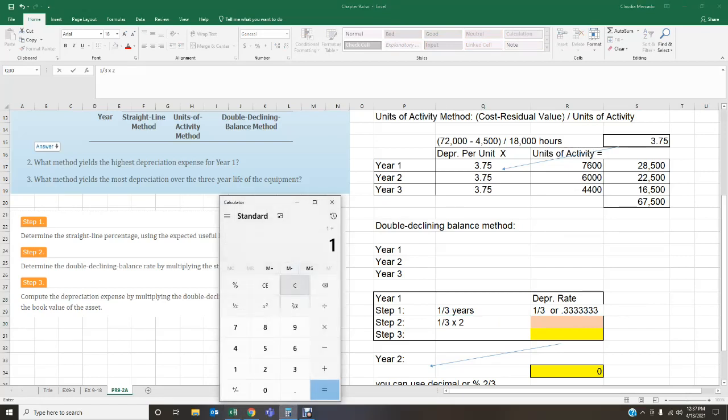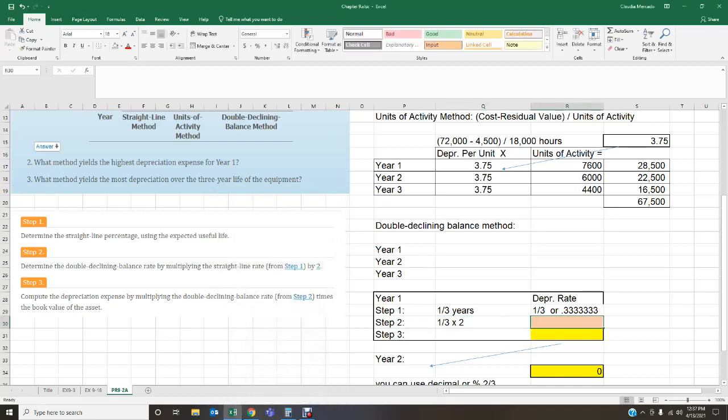So 1 over 3 times 2 gives me 0.6666667. So your rate is going to be either that, or it'll be 2/3, 2 over 3, you're doubling it, or 0.6666667, okay?